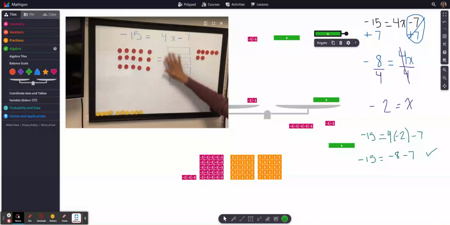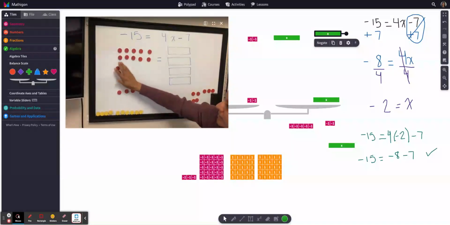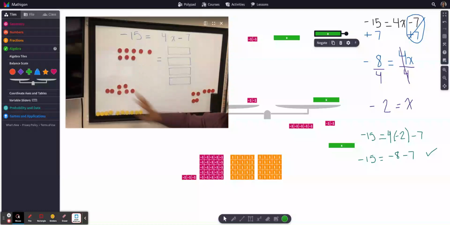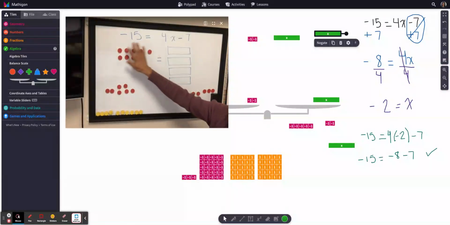That means that on this side, including what's inside these boxes, I should have a total of negative 15 counters. Right now I have negative 7 counters over here. So just like in my equation, I could take these out to show what's left over that would have to go inside the boxes, right? If 7 of them are outside the boxes, this must be what's left for the inside of the boxes.